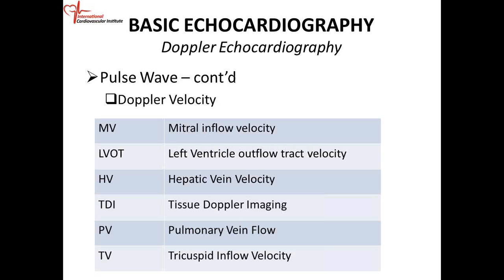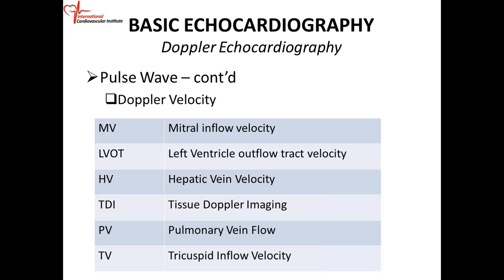An example of flow that we use pulse wave Doppler to assess is mitral inflow. So the flow from the left atrium across the mitral valve to the left ventricle, which is a normal flow across the mitral valve in diastole, we use pulse wave Doppler because that's a low flow, usually less than 1.5 to 2 meters per second.